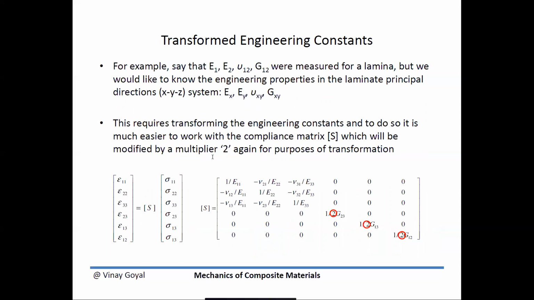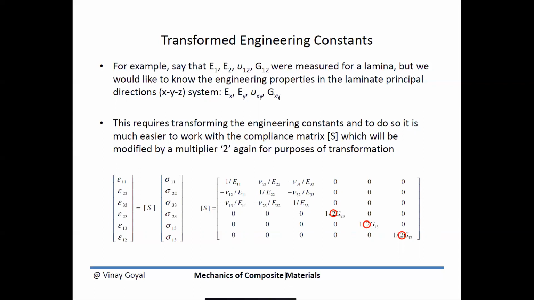So to get the transformed engineering constants. For example, say that I have E11, E22, nu12, G12 measured for a lamina, but I would like to know the engineering properties in the laminate principal directions, EX, EY, nu XY, GXY. So what does that require?